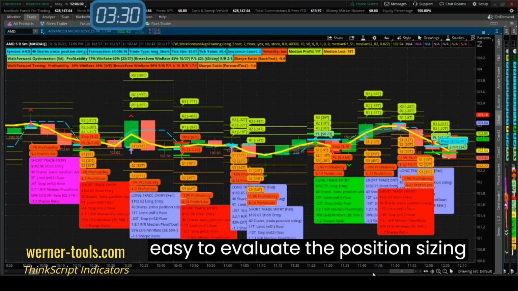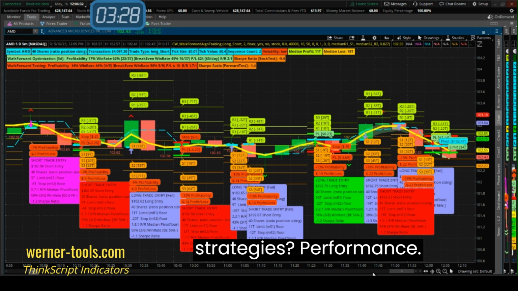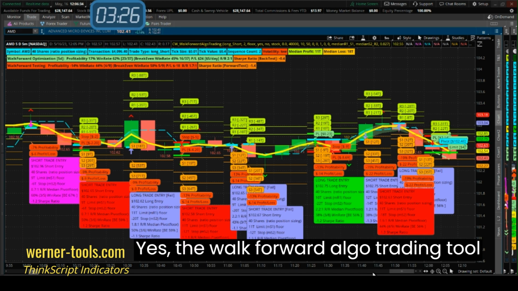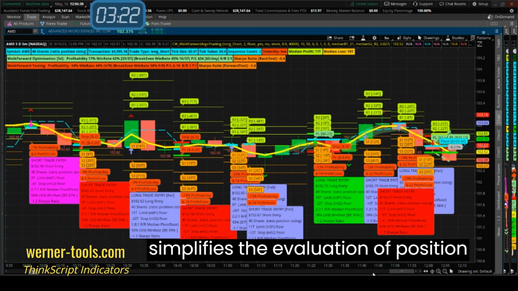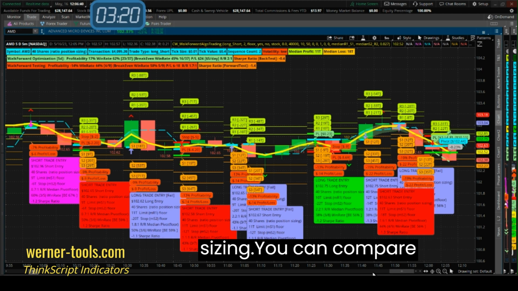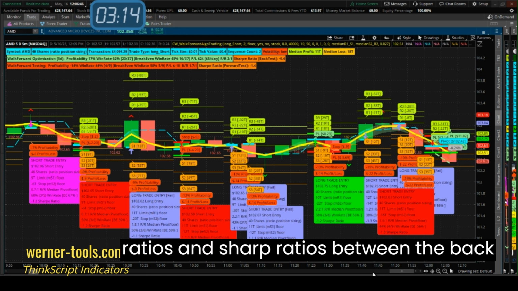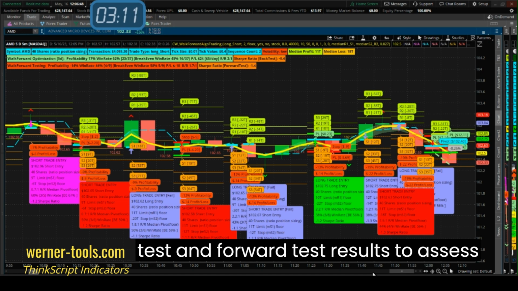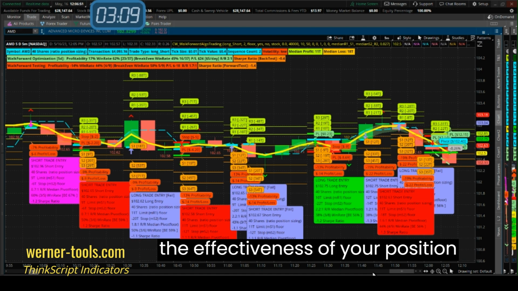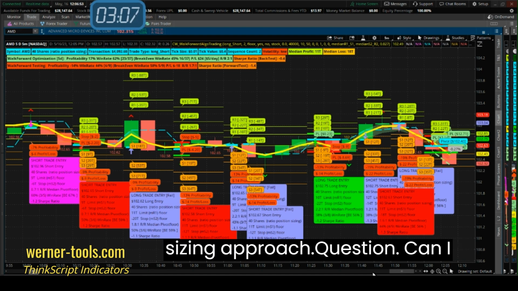Question: is it easy to evaluate the position sizing strategy's performance? Yes, the tool simplifies the evaluation of position sizing. You can compare profitability, win rates, risk-to-reward ratios, and Sharpe ratios between the backtest and forward test results to assess the effectiveness of your position sizing approach.